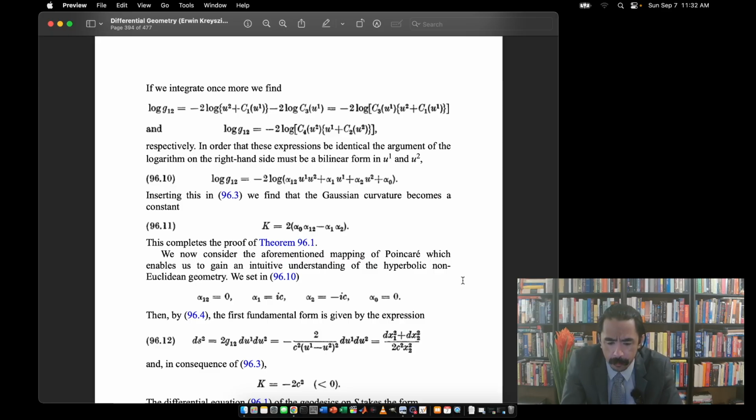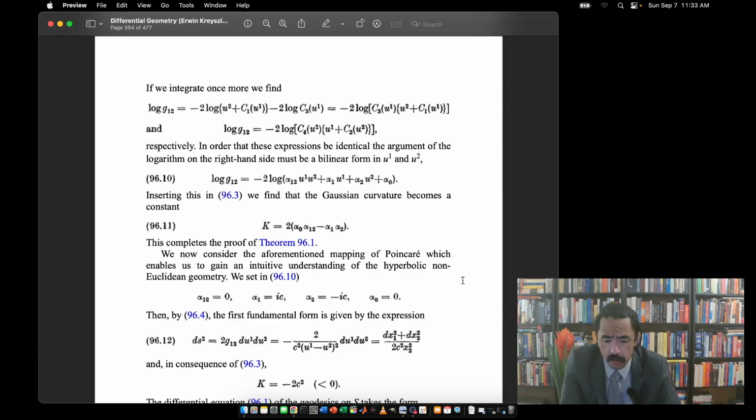And the logarithm of g sub 1,2 is equal to negative 2 times the logarithm of the square bracket quantity capital C sub 4 in terms of u2, times the quantity u1 plus capital C sub 2 in terms of u2, closing the argument of the logarithm in the square brackets, respectively.